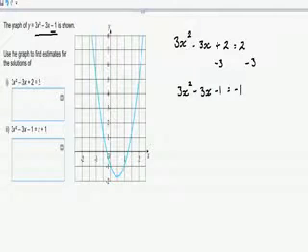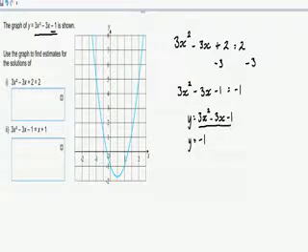Okay, and the reason I say that this is a simultaneous equation is because you could rewrite this as y equals 3x squared minus 3x minus 1, and I could also write that y equals minus 1, because if y equals this and y equals this, then they must equal one another.